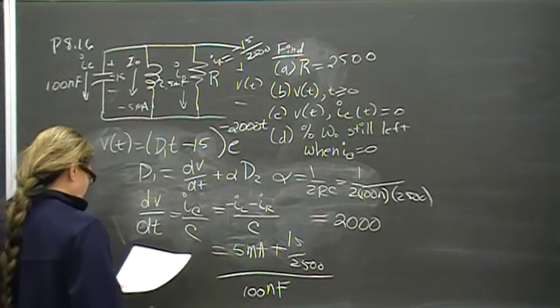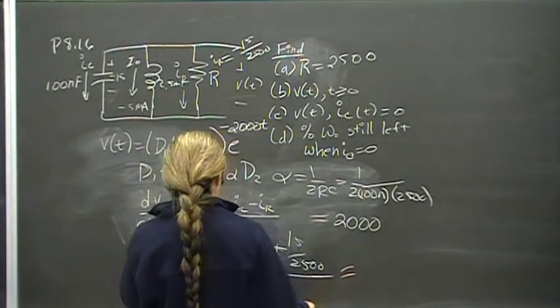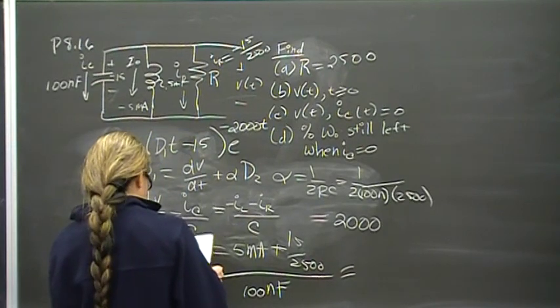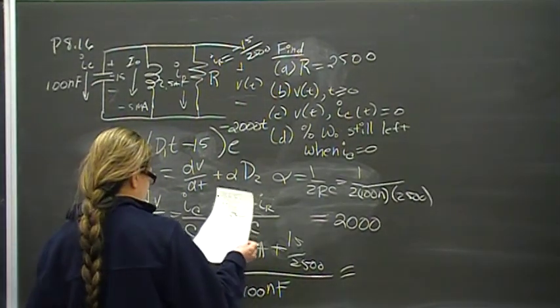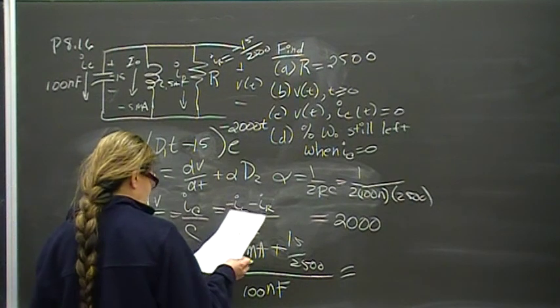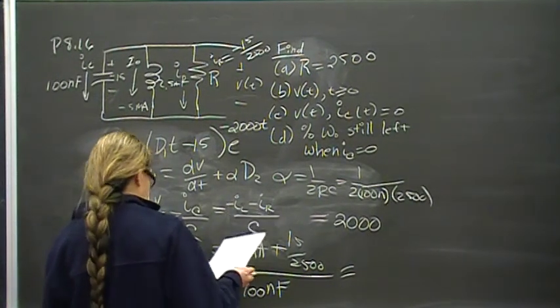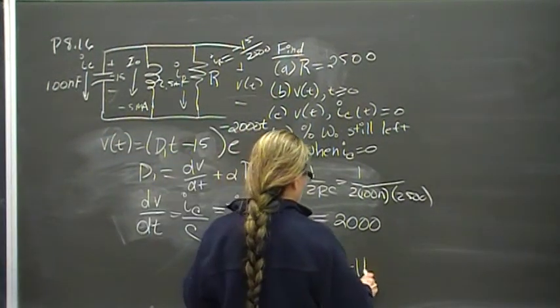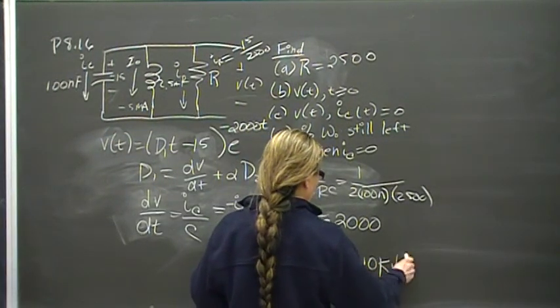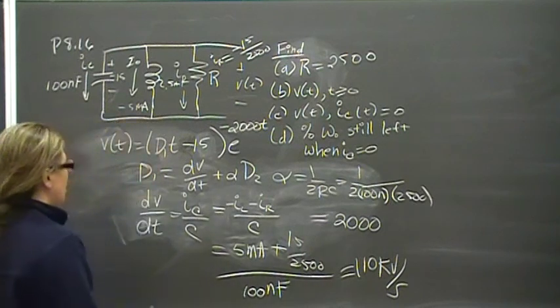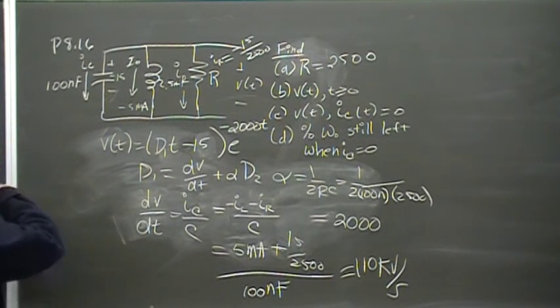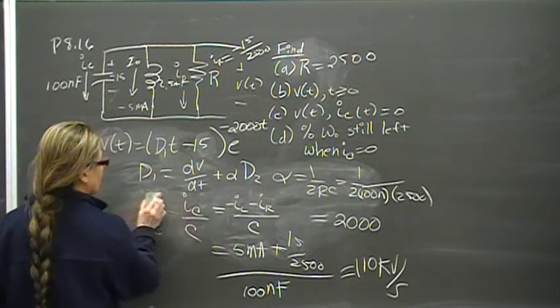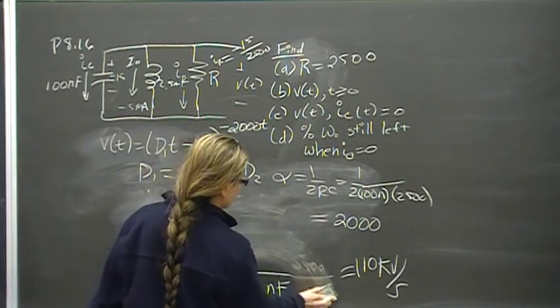When you put that into your calculator, you will come up with a dV/dt value of 110 kilovolts per second.